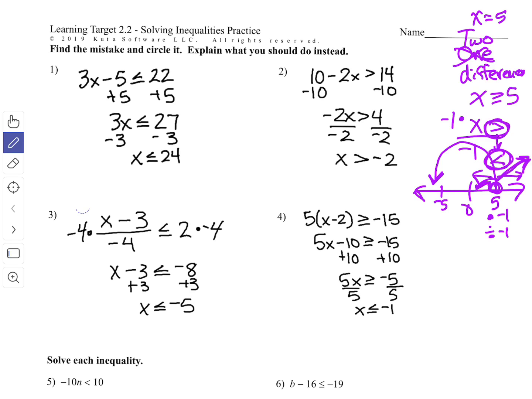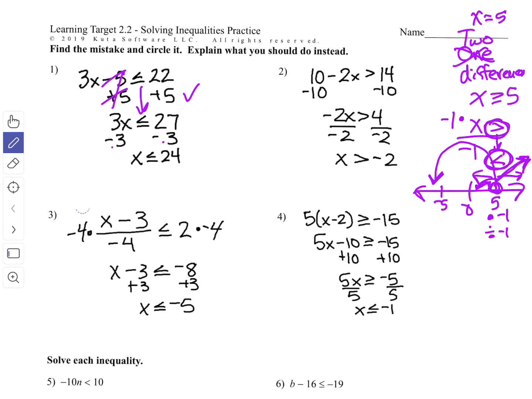So if we're looking at these first four, we're looking for mistakes. So number 1, we wanted to get rid of this minus 5 by adding 5. We did it to both sides. That's correct. 22 plus 5 is 27, and the other side is 0, so we're left with 3x. 3x is less than, the symbol still stays the same. Then we subtracted 3.